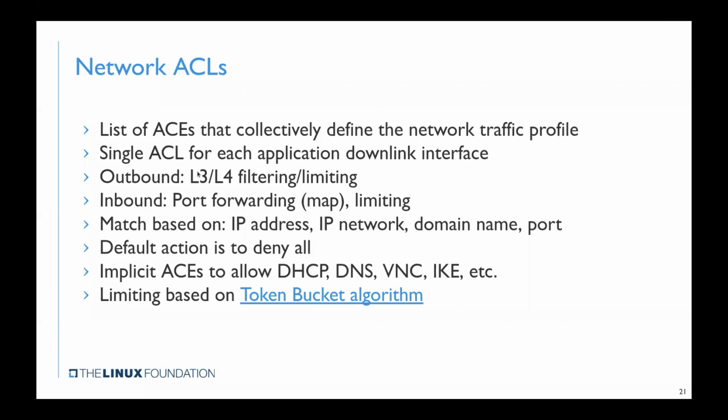Basically, they say which packets should be matched by that access control entry. These match rules can be based on, for example, L3 fields like source IP address, destination IP address, even host names. So if an application is making a request to some external endpoint, but it is using a domain name, the DNS request will always be allowed.